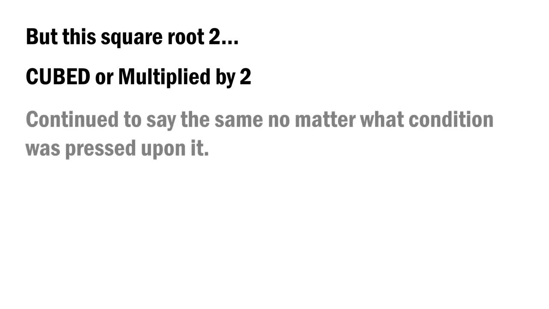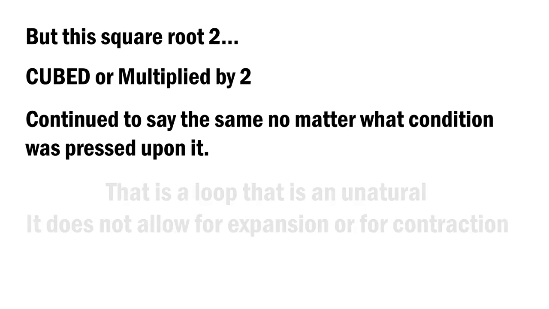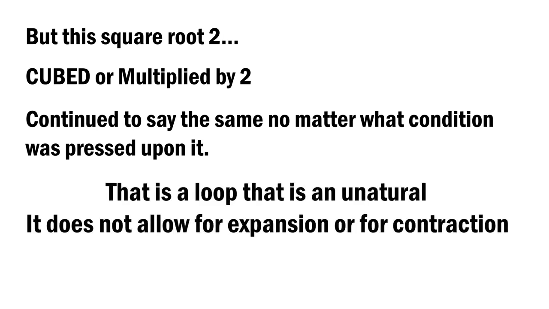But this square root of 2, cubed or multiplied by 2, continued to stay the same no matter what condition was pressed upon it. That is a loop. That is an unnatural number. It does not allow for the expansion and contraction of the universe. It is a mathematical fallacy.